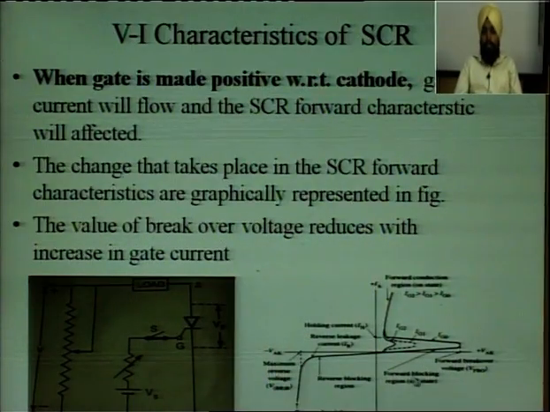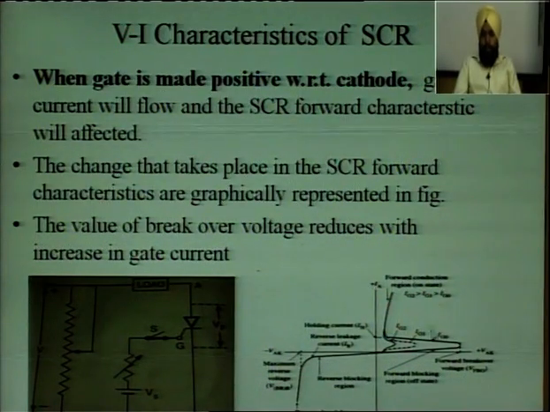Here you can see I have taken 3 cases. First is IG0, that is gate current when gate current is 0, the same condition as when the gate is open. Second is when gate current is IG1, which is greater than IG0, and third case is when gate current IG2 is greater than IG1 and IG0.